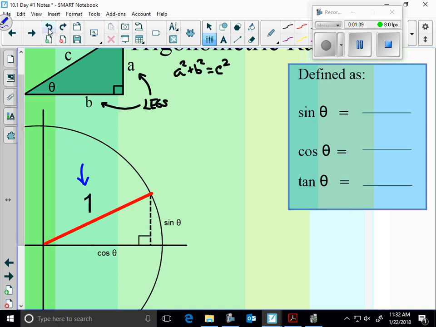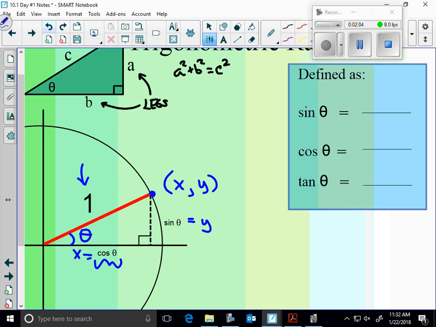All of those triangles would still have a radius of 1, but their sine and cosine would change. So what we can see here is that for theta, our angle, there are certain ratios provided. We call this the sine value right here, and that is the y value of this point. And the cosine is the x value.